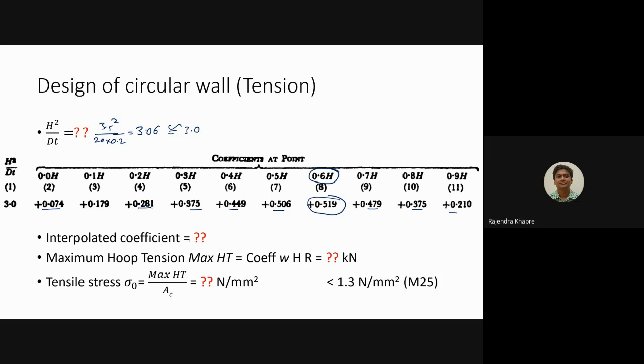So the maximum coefficient which is taken from the table is 0.519. Okay, so at 0.6 h, this has to be measured from the top. So 0.6 h is 0.6 into the height of the water, that is 3.5.